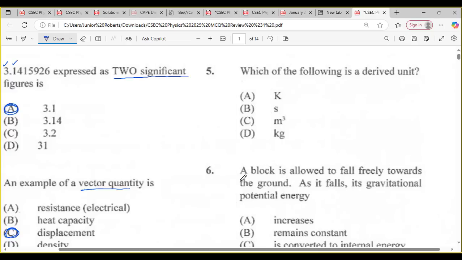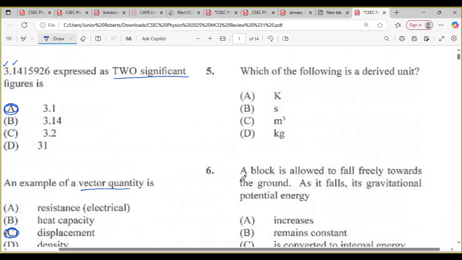Now, from our list right here, we see that K, which represents Kelvin, is a base unit, the base unit of temperature. We have S, which is for second, the base unit of time. We have the cubic meter right here, which is the SI unit of volume. And we have kilogram right here, which is the SI base unit of mass.